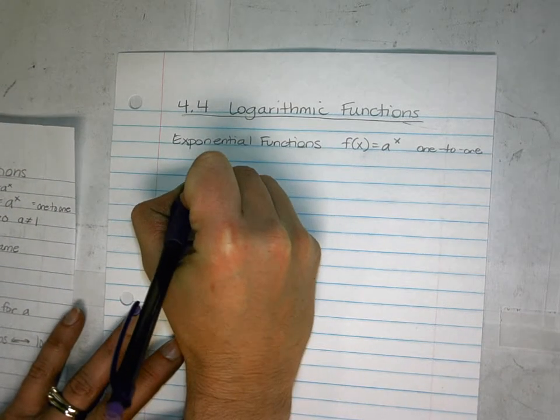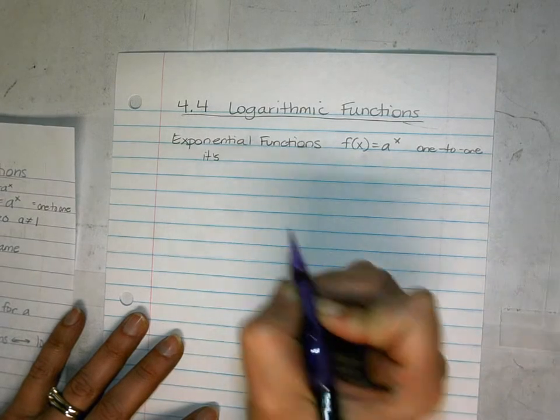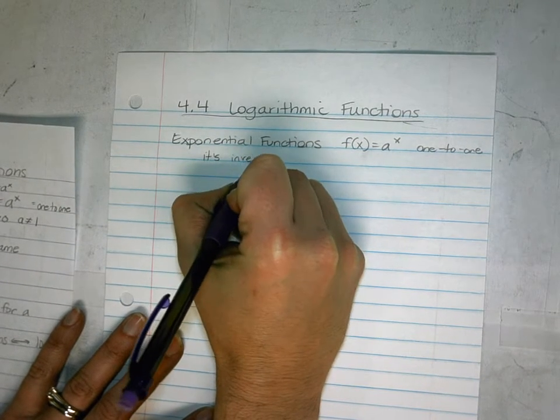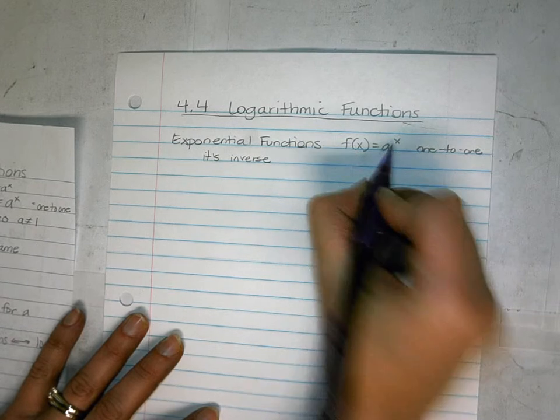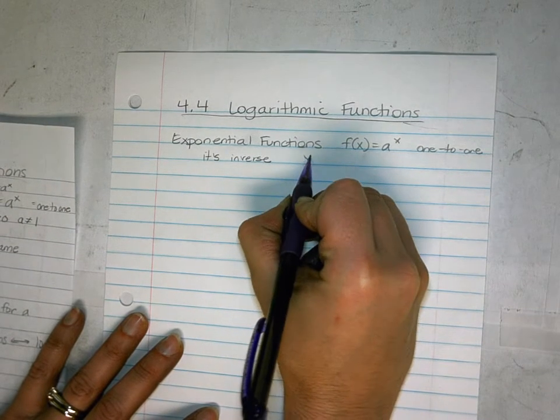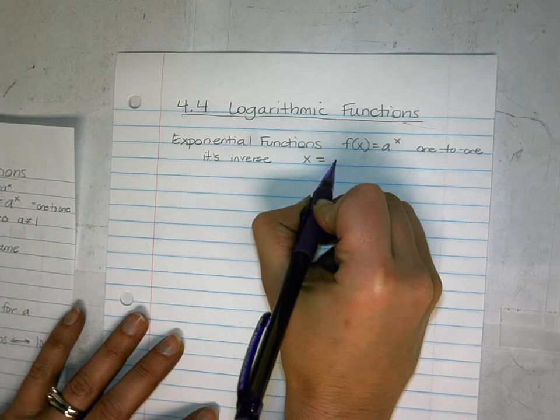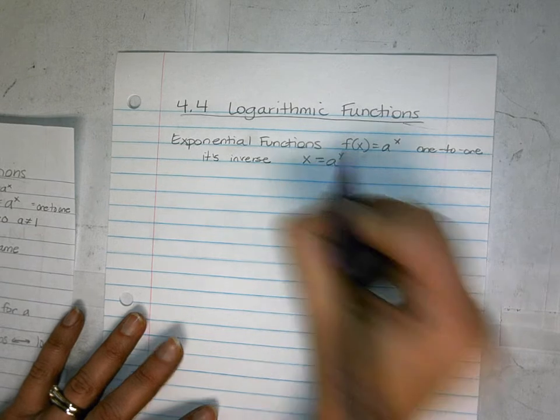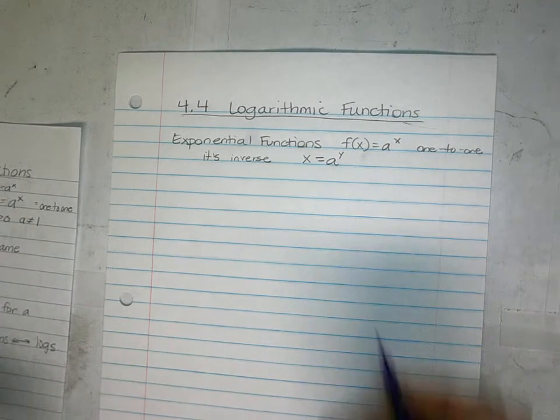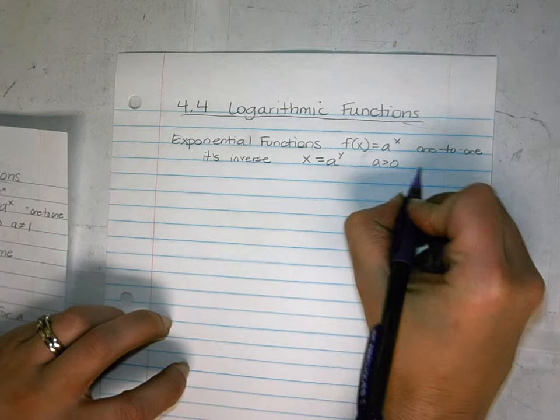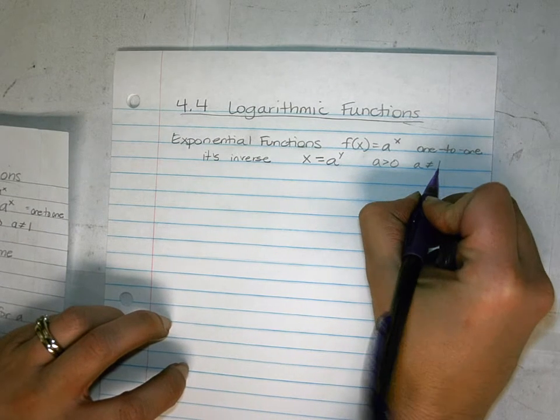And if the inverse function exists, its inverse would look like this. This is our y equals a to the x, we'd switch our x's and our y's, and we'd have x equals a to the y power. Now, a has to be positive, and a can't be 1.